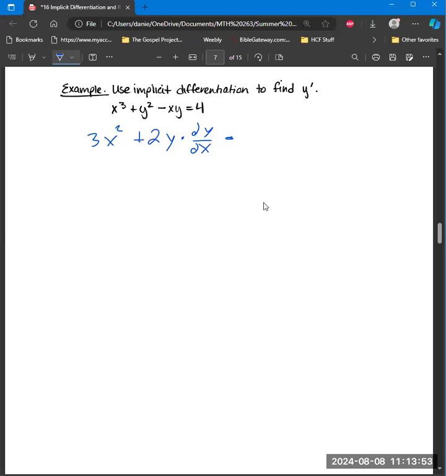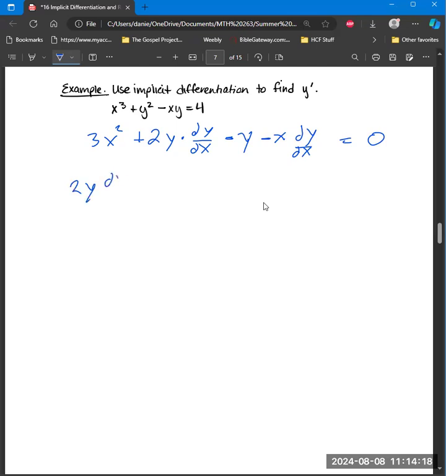And I'm going to say the derivative of negative x is negative 1 times y, plus, and then leave the first part alone and differentiate the second part. So I get dy dx when I differentiate y, and I get 0 on that side. So I'm going to get my dy dx terms by themselves on the left-hand side.